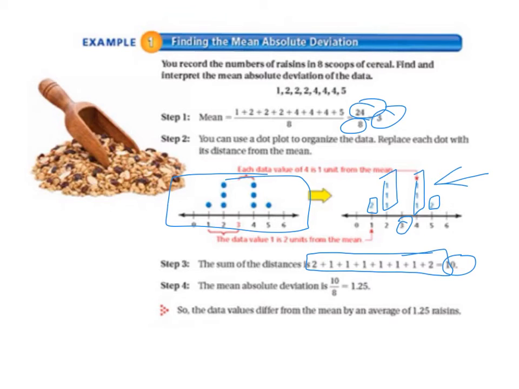And then step 4, the mean absolute deviation is that sum divided by the number of numbers you had. So that's 8. So 10 divided by 8 equals 1.25. So the data values differ from the mean by an average of 1.25 raisins.